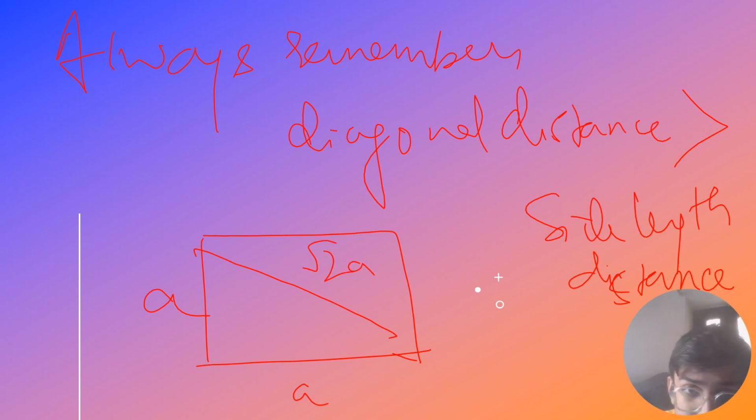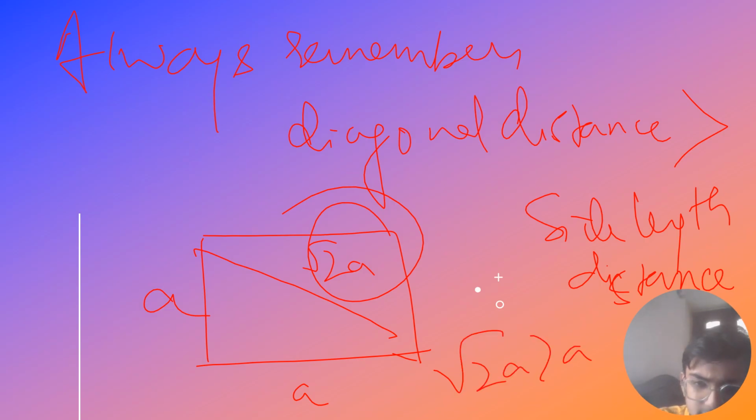So the distance we observe from the ground frame is a diagonal distance, because the event is happening in the y direction and the train is moving in the x direction, so we see the combined motion as a diagonal path. That distance is root 2a, and this root 2a is always greater than a. Always 1.4a is greater than a.